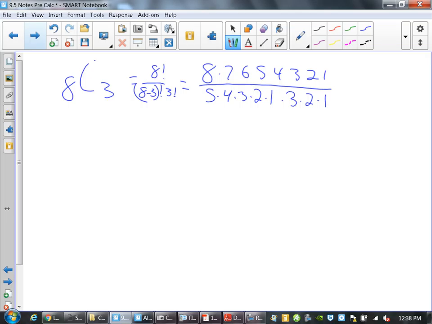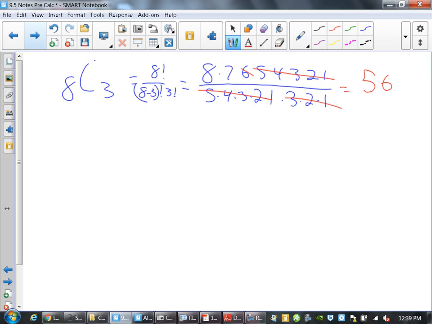So what you're able to do, 5, 4, 3, 2, 1, 5, 4, 3, 2, 1. And what's 3 times 2? 6. So 6 goes away. So 8 choose 3, if you will, or 8C3, your answer is going to be 8 times 7, which is 56. Okay.